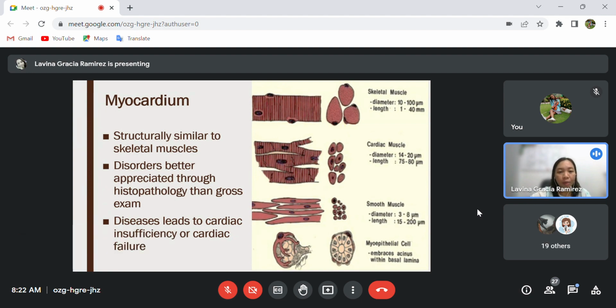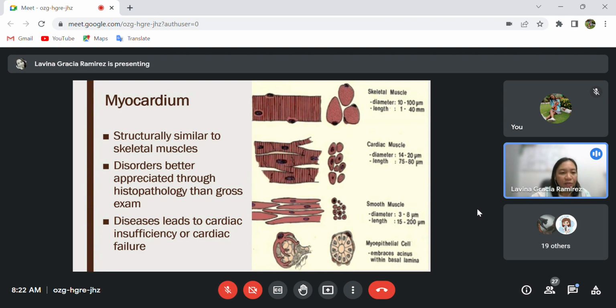Dito, meron din siyang striation. That's why skeletal muscles and cardiac muscles can be similar to that extent. However, in terms of activity, cardiac muscle is involuntary, unlike your skeletal muscle. Aside from that, there are other constituents of the myocardial fibers that cannot be seen as part of the skeletal muscle.